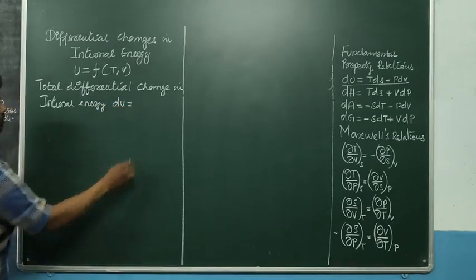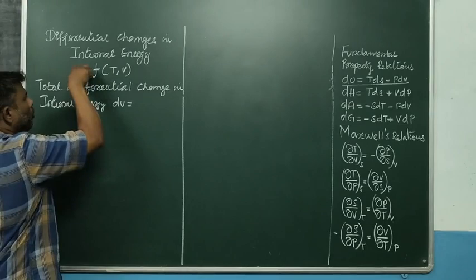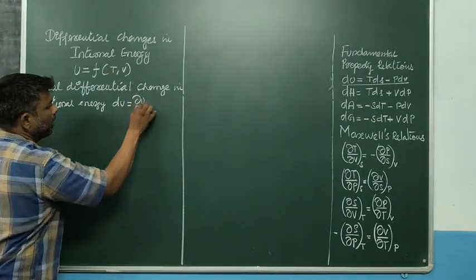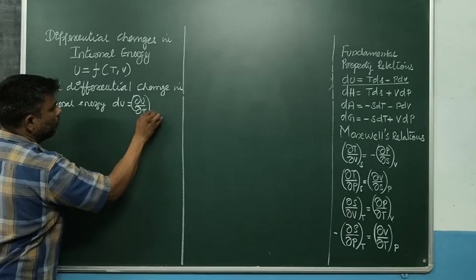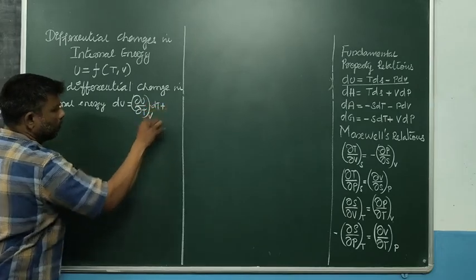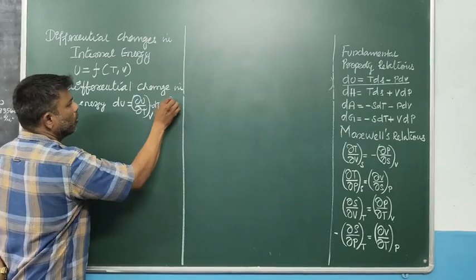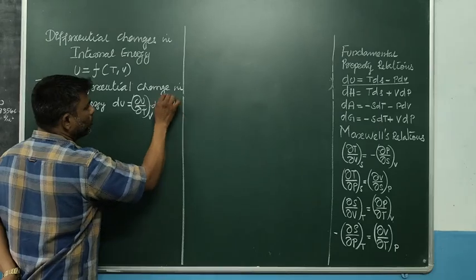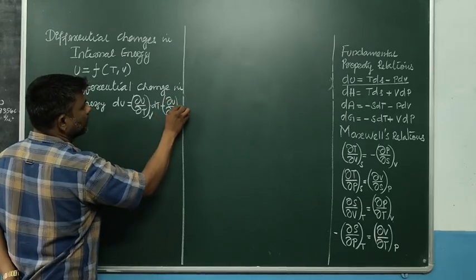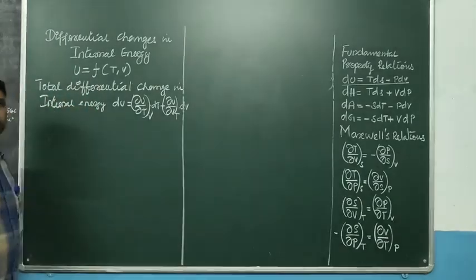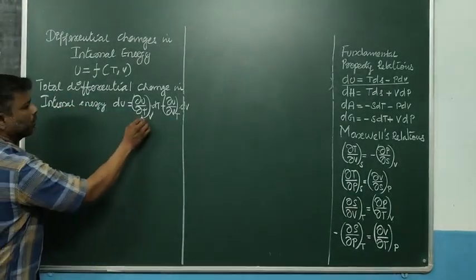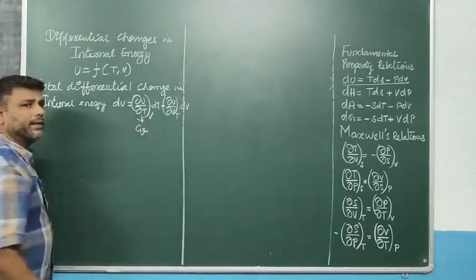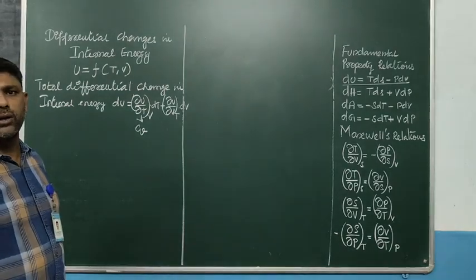dU is equal to (∂U/∂T) at constant volume into dT plus (∂U/∂V) at constant temperature into dV. Clear? In particular, know that (∂U/∂T) at constant volume is equal to the heat capacity at constant volume.